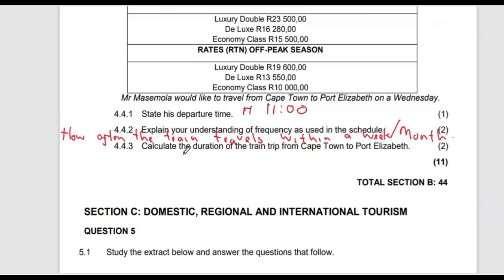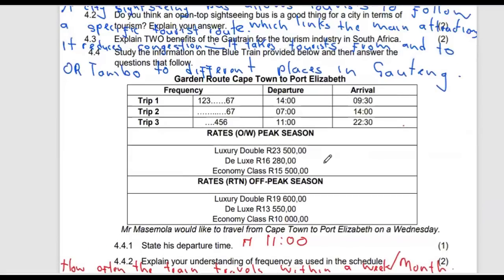Then the next question, calculate the duration of the train trip from Cape Town to Port Elizabeth. So if you look at Cape Town, the duration will be, if a train leaves on trip 1 at 1400 hours, then it arrives at 9:30.